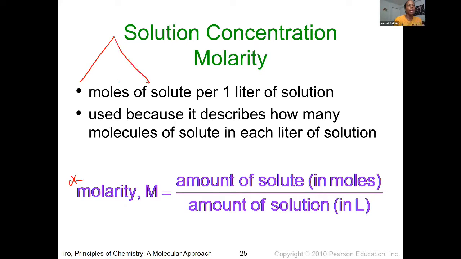Your molarity, capital M, is equal to the moles of something divided by the volume. Very important to remember when we're solving this that volume of solution has to be in liters. And that top value is the actual mole amount that's present. The molarity that we're going to be calculating will have units of capital M.